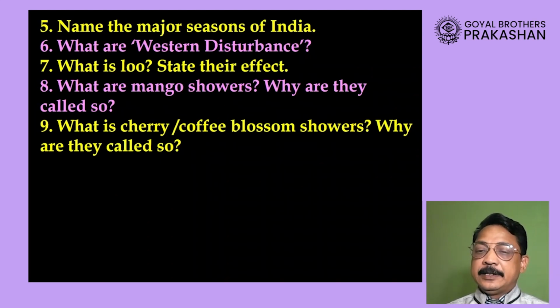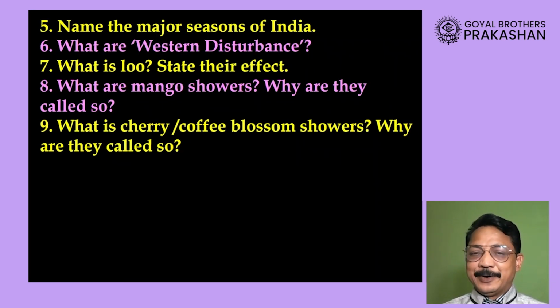Whereas Karnataka, that ranks number one in our country in the cultivation of coffee, we call there by the name coffee blossom. Now please remember this coffee blossom or cherry blossom, these are pre-monsoon winds, okay, and they are mainly helpful in the growth of coffee, but in Karnataka and Kerala region they are also useful for the growth of tea, but we do not call them tea blossom because these rains are basically very useful for cultivation of coffee.